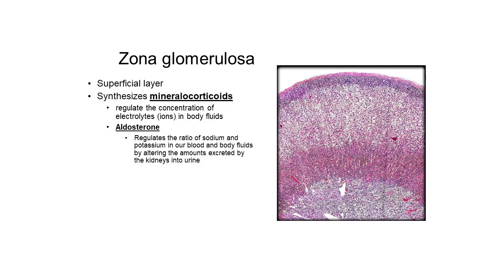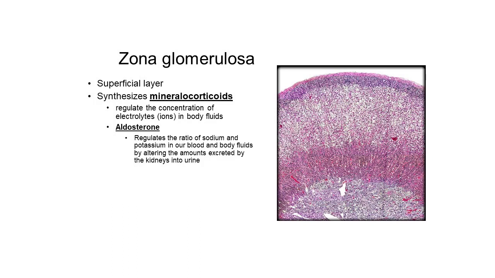But the kidney is going to move 180 liters of fluid during the day out of the blood. But fortunately, you put back all but about 1.5 liters. How does that even work? And the way you move that 180 liters is by blood pressure. And the way you get it back into the blood is with minerals.